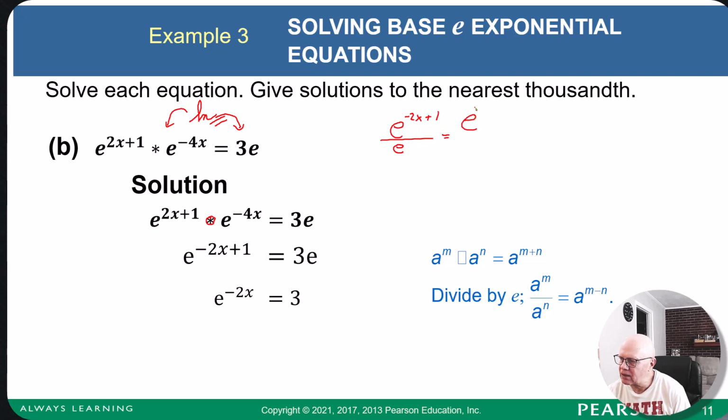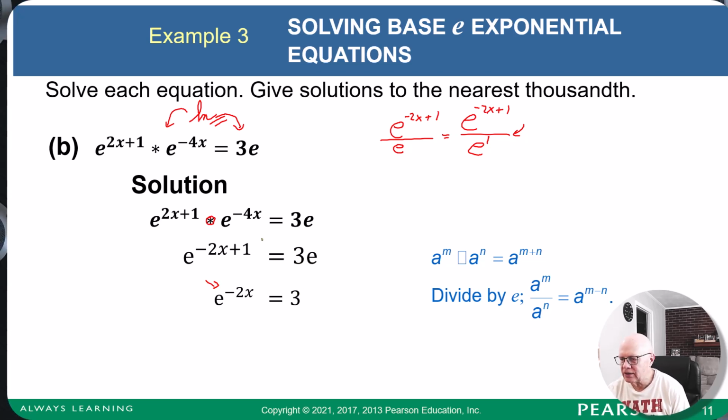You got e to the minus 2x plus 1 over e to the 1. Did you miss that? So, since we're dividing, we'll subtract the exponents, and this is what we get. On the other side, 3e divided by e, of course, is 3.